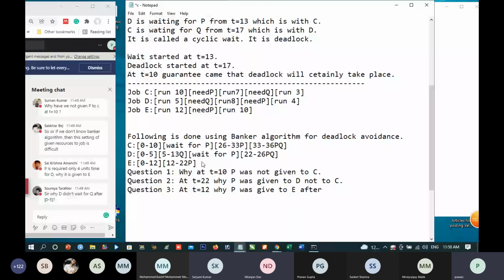These are the 3 questions. Is it correct? Yes.